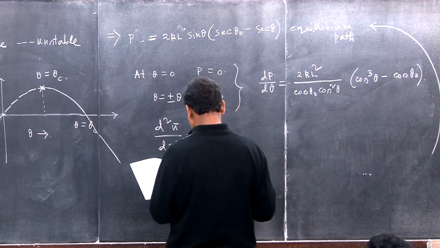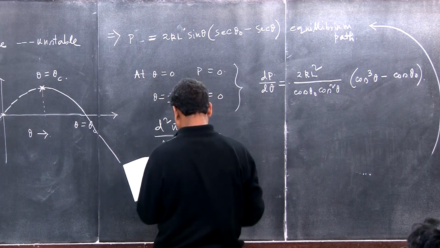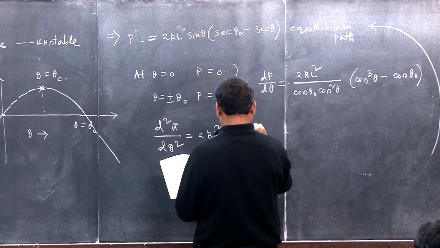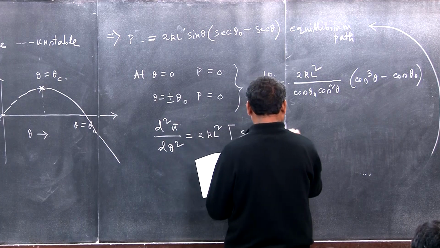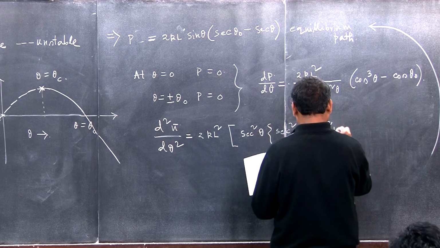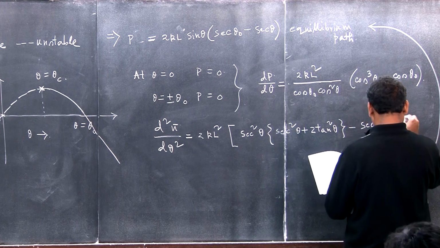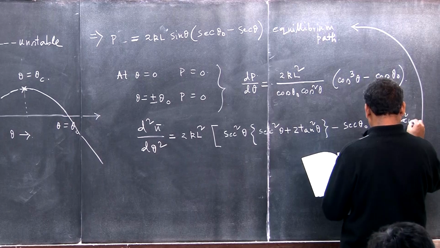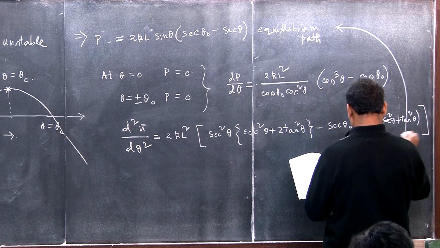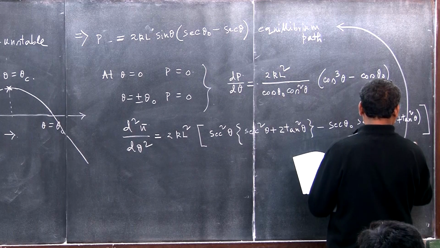So this one will be, from whatever the expression pi was, 2kl square sec square theta plus 2 tan square theta. It's a little long expression, but minus sec theta 0 sec theta sec square theta plus tan square theta plus 2pl sec square theta tan theta.